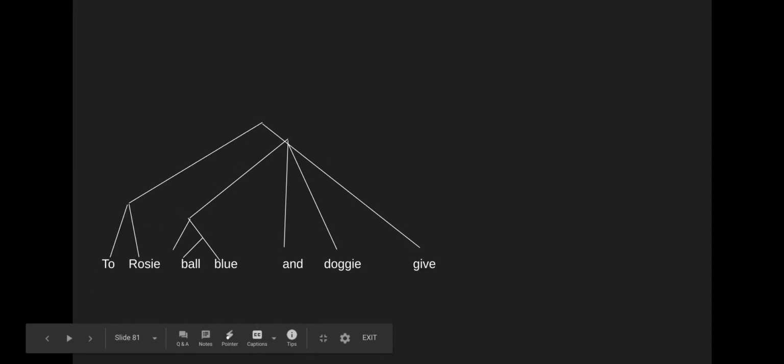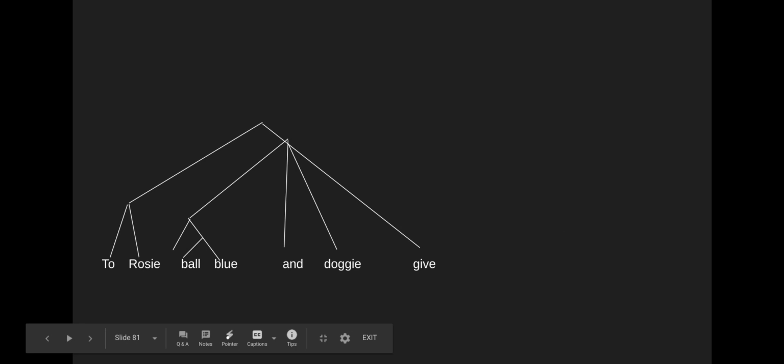So you get something like "to Rosie, ball blue and doggy give." Now that sounds really weird to us as English speakers because, well, yeah, the rule that we learned when we learned English was, no, when you have a structure like this, you put this bit of the structure at the end and this bit of the structure at the beginning.